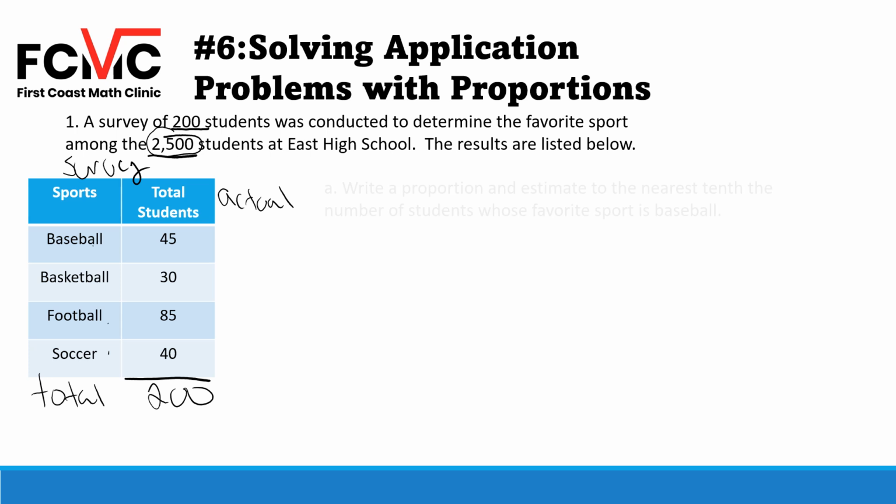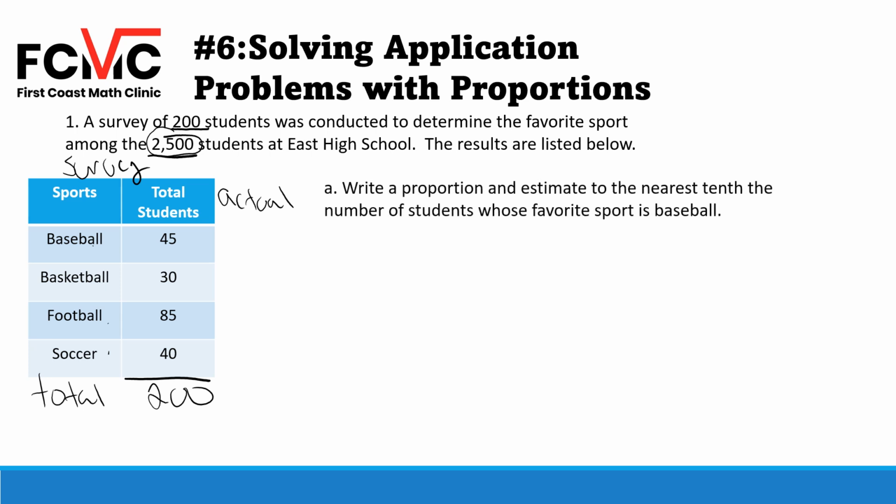So our first question is we want to write a proportion and estimate to the nearest tenth the number of students whose favorite sport is baseball. So we're looking at baseball, and we know that for baseball, we have 45 students.